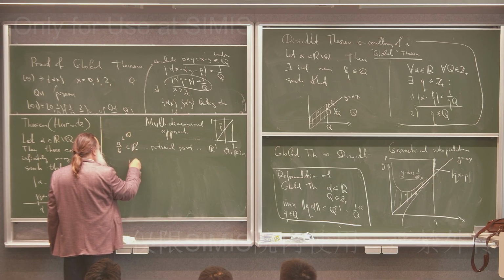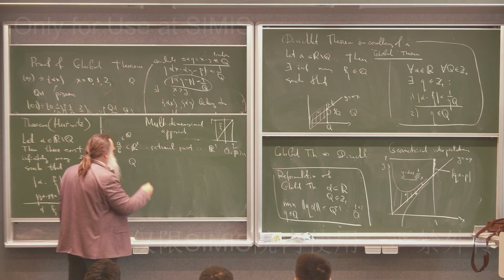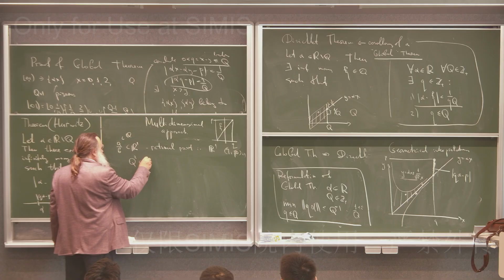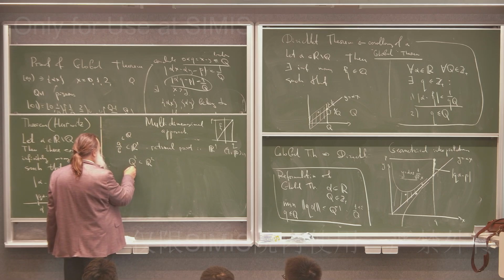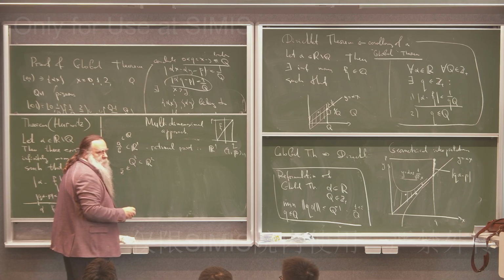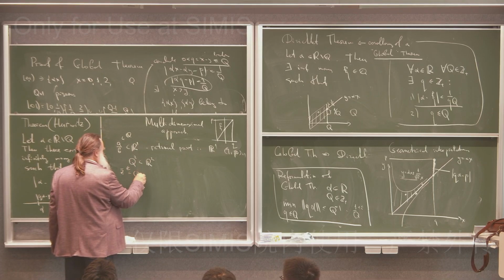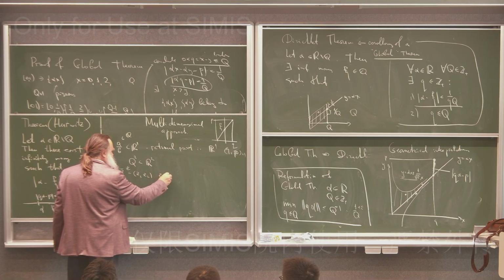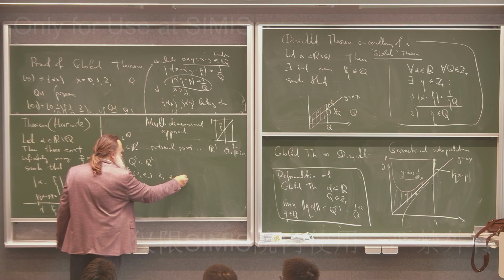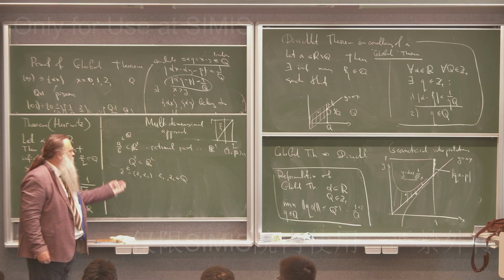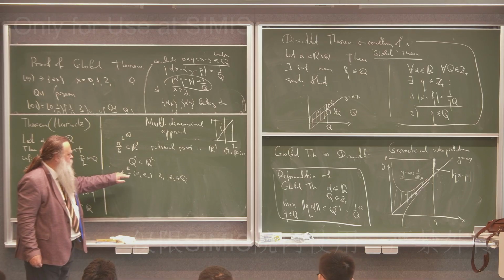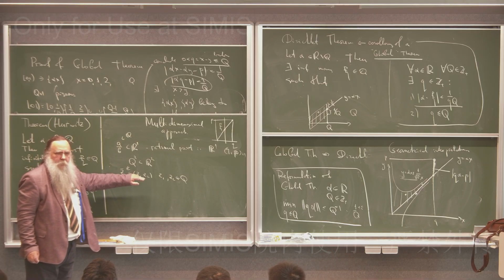We are interested now in a representation of rational points in R2. What is a rational point? Let Z be rational, it means that Z is equal to (Z1, Z2), where Z1 and Z2 are both rational numbers. What is a canonical way of representing a rational point in the two-dimensional plane?